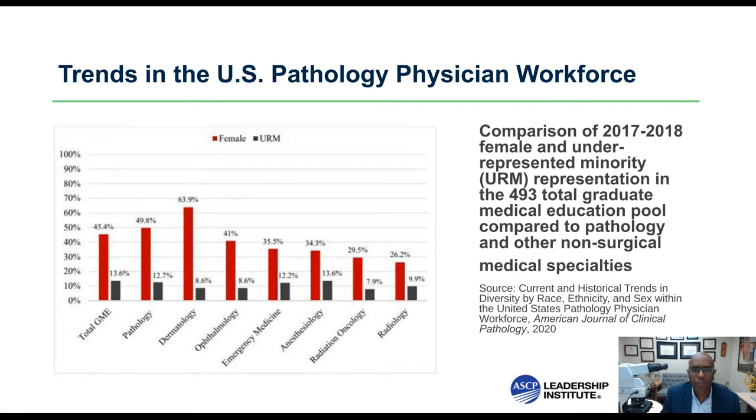Now, when you're looking at female and underrepresented minority, there has been much progress for women in pathology. For example, if you look at women's representation in the pathology workforce, they make up about half, 50% of the workforce. And in dermatology, up to 60%. However, the underrepresentation of minorities is seen across all specialties.